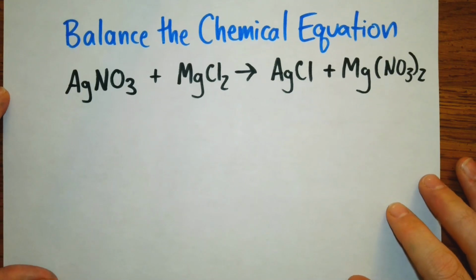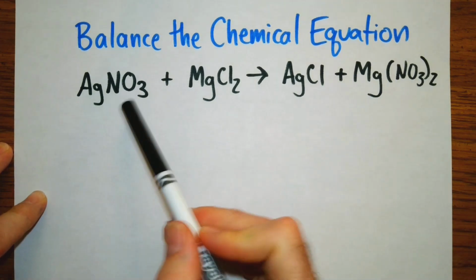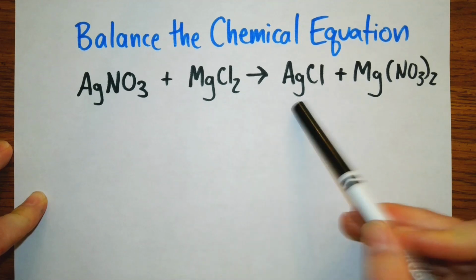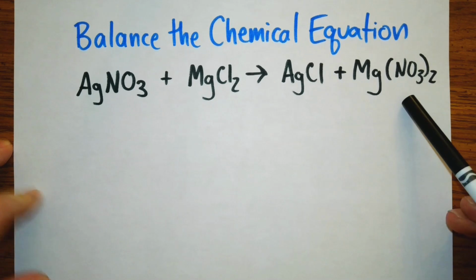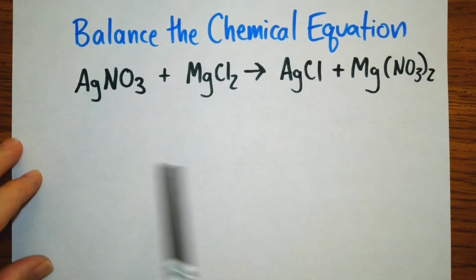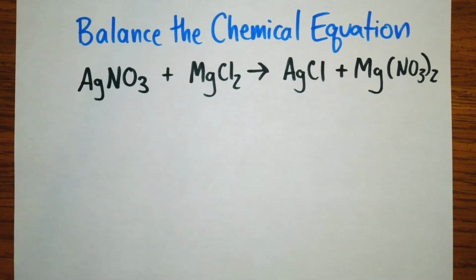So here we have a chemical reaction. We've got silver, NO3 plus magnesium, Cl2, yields silver Cl plus magnesium, and this NO3, we have 2 of those over here. So we can see immediately that it has polyatomic ions on both sides. So we're just going to track those as if they were just one atom.